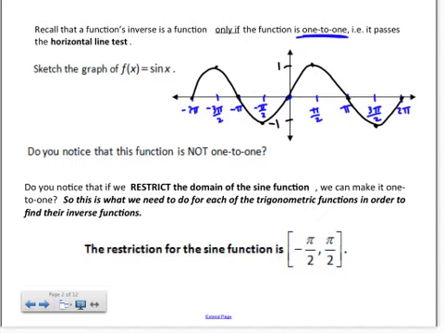If you notice this sine function here, it is not 1-to-1. That's because if we drew a vertical line, it is possible to draw a horizontal line that would intersect it at more than one point.